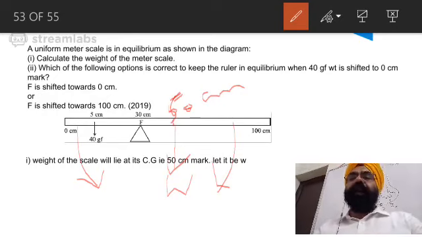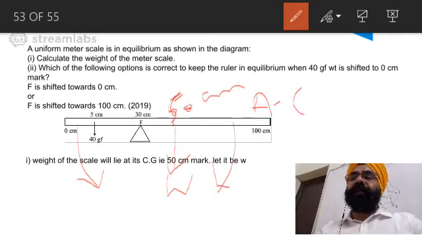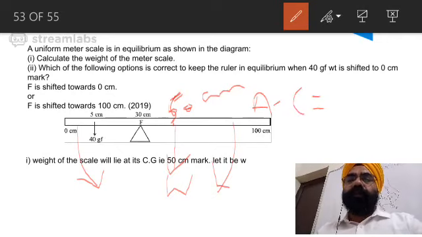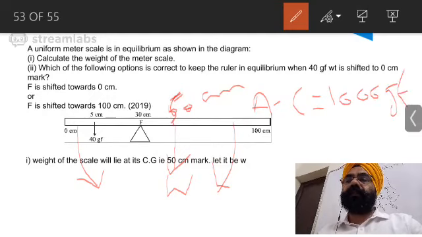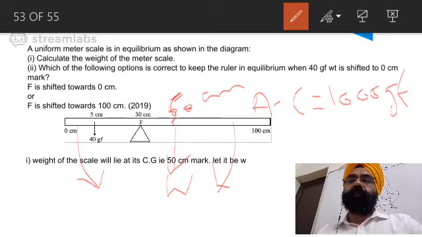Got it? So they ask us what is the weight of the meter scale. We need to find out what is the anti-clockwise moment. Who will answer quickly? 40 GF, 30 minus 5, 25. 25 fours are 100, 1000 GF centimeter. So the anti-clockwise moment is 1000 GF centimeter, which means I have to have the same clockwise moment.